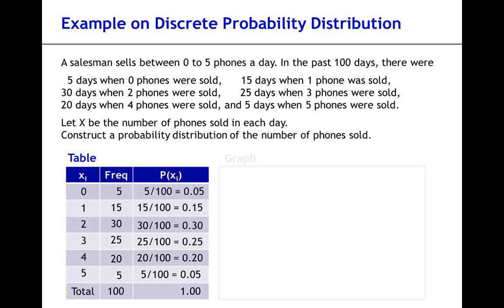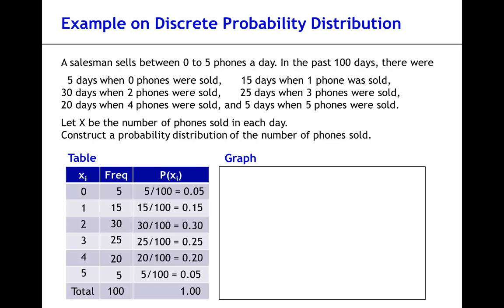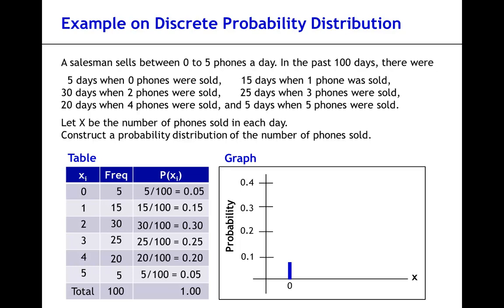To get the graph for the probability distribution, plot the number of phones sold each day on the x-axis and the probability as the y-axis. Now when x is equal to 0, probability is 0.05. When x is equal to 1, probability is 0.15.